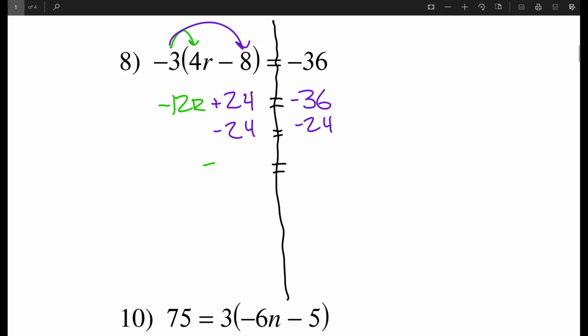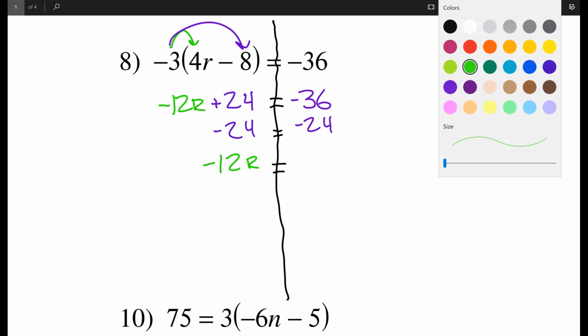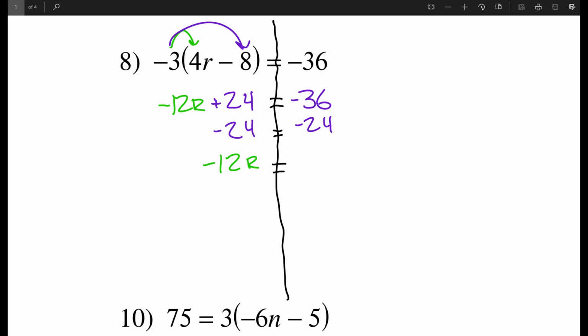Now what that leaves me with over here is -12r. And over here leaves me with -36 minus 24 more is going to give me -60. Because both are negative, which means I'm going to add them and keep the sign, which is negative.